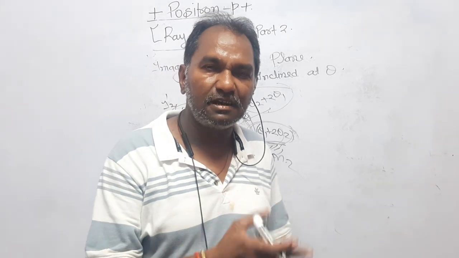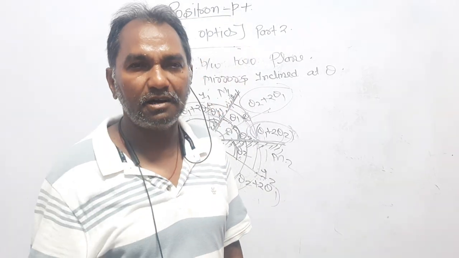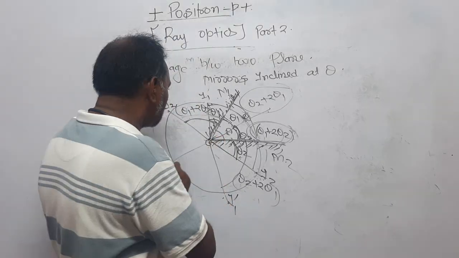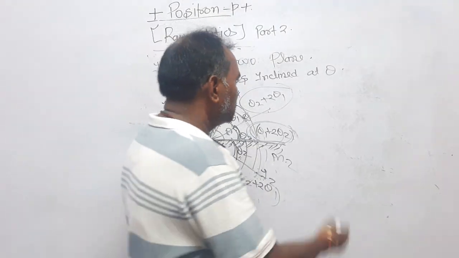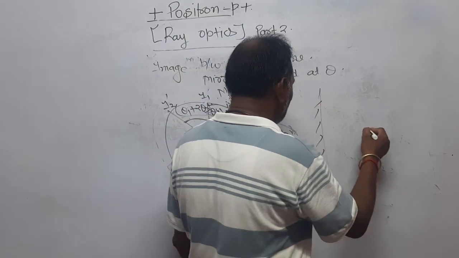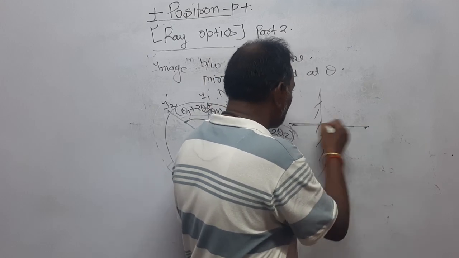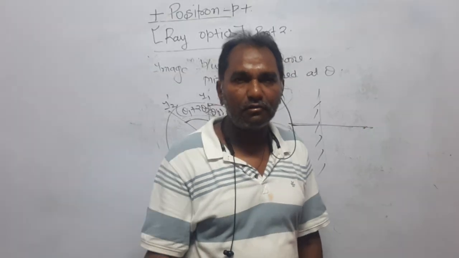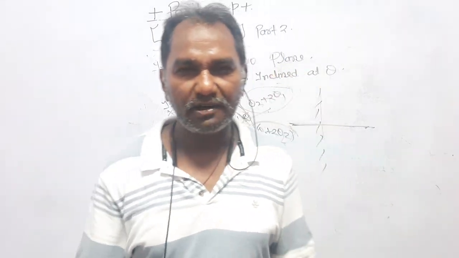You will repeat the same process until a final image is made behind the mirror, right? This is made somewhere like this. Then it stops automatically. Why? If the mirror is like this, and you get an image here, then this is a normal position, so you cannot draw the ray diagram. That is why it would be the final image.